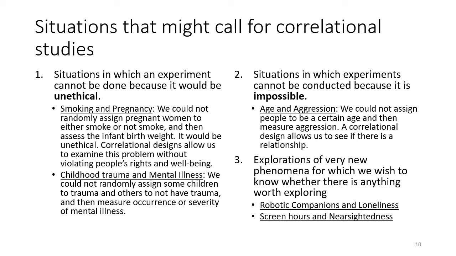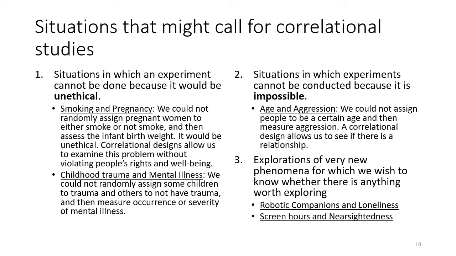And finally, the third situation in which we might use a correlation is when we're exploring very new phenomena, for which we wish to know whether there's anything worth exploring. So, for example, maybe we're interested in whether there's any relationship between having a robotic companion and loneliness. Well, we could do an experiment. We could assign a robotic companion or not, but that might be kind of expensive right at first.